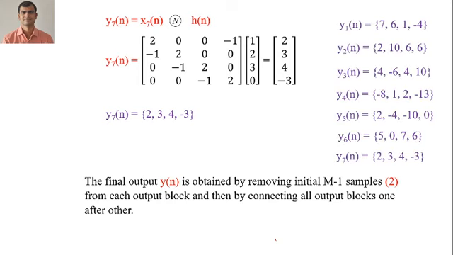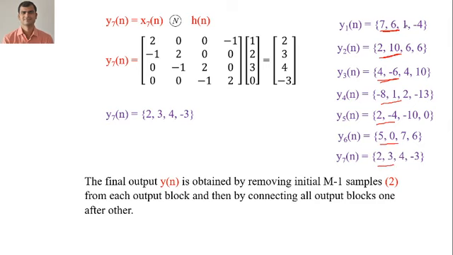Let me show you here. These are my outputs y1 to y7. We have to remove the initial m minus 1 samples from each output block, and the remaining 2 samples we consider one after other.